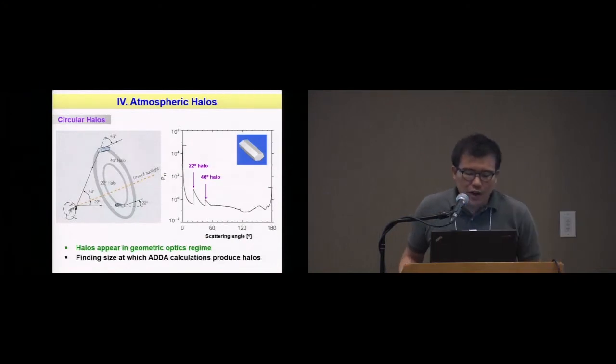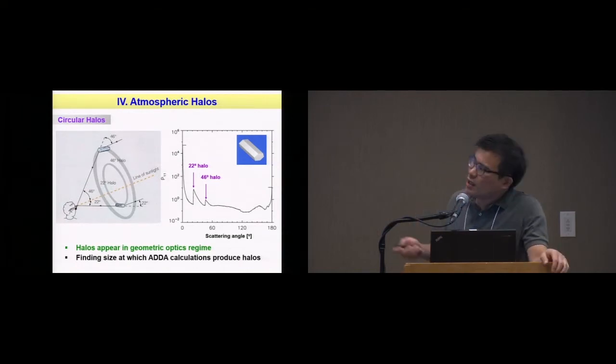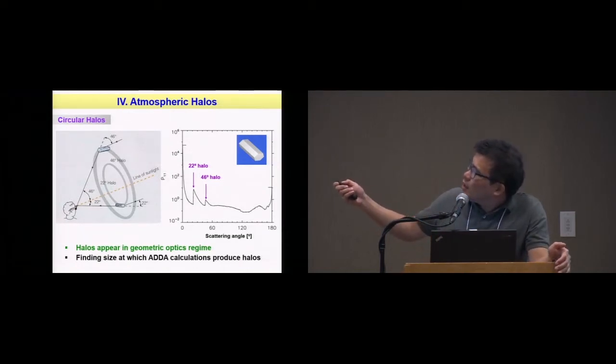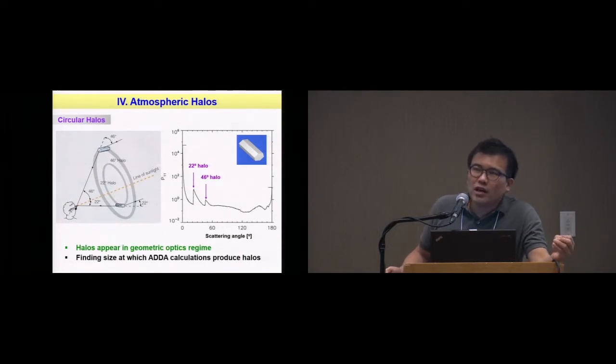The 22-degree and 46-degree halos are circular halos caused by the interaction between sunlight and randomly oriented hexagonal ice crystals. Here, the scattering phase function of a column is shown, and these two sharp peaks correspond to the 22 and 46 degree halos.